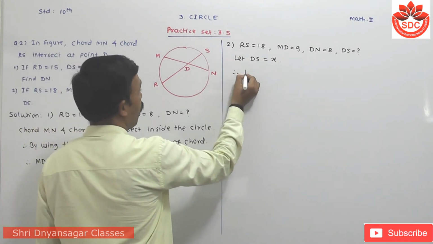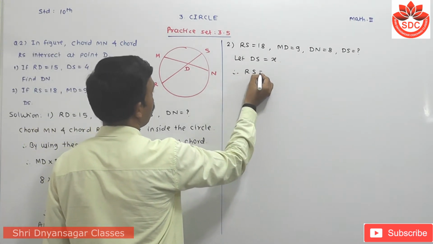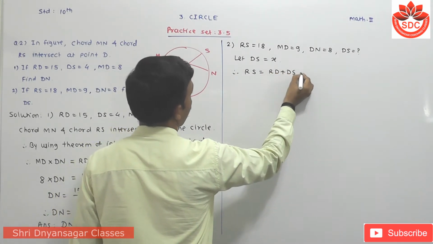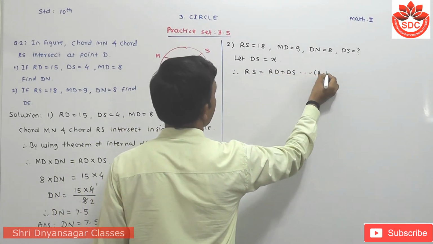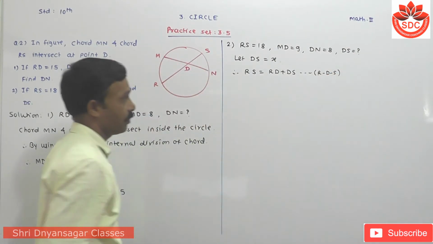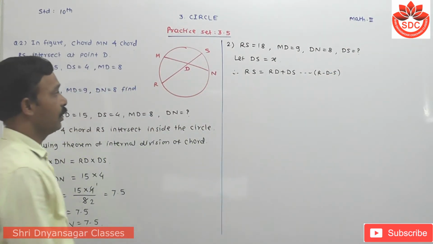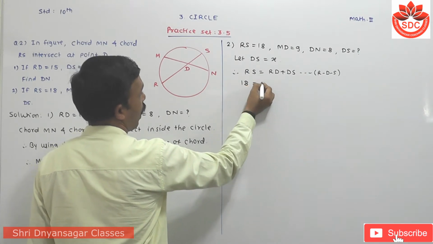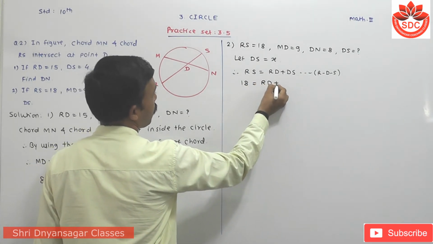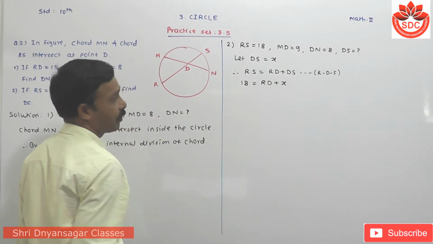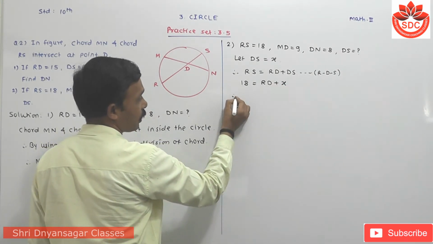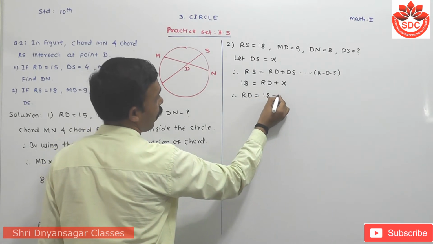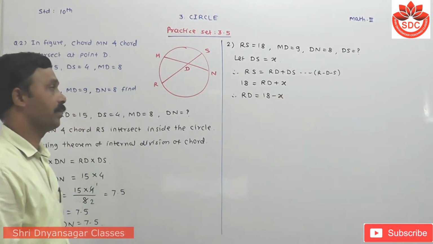Therefore, RS is equal to RD plus DS, because R-D-S. Now the value of RS is 18, RD you have to find, plus DS is x. When we transpose this x to the other side, we get RD is equal to 18 minus x.